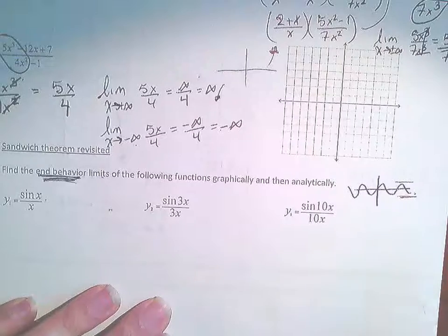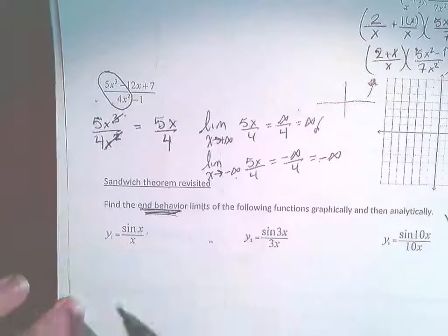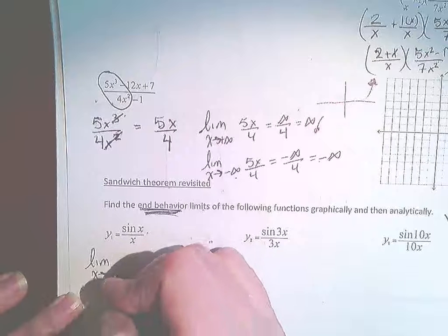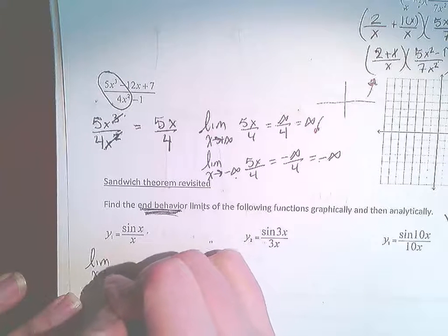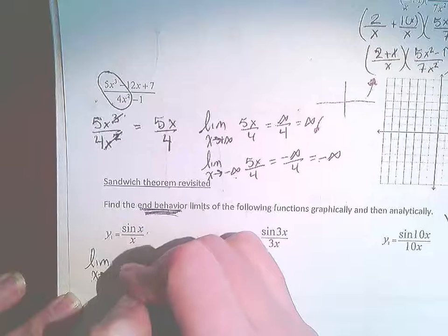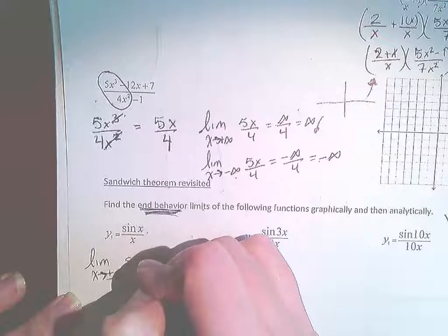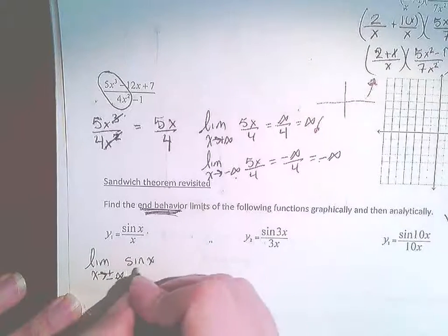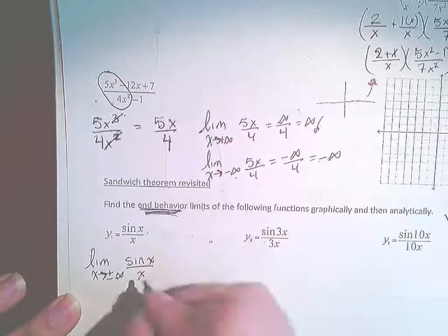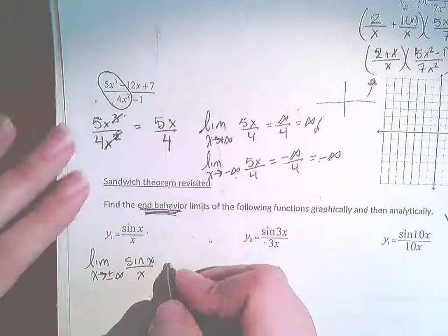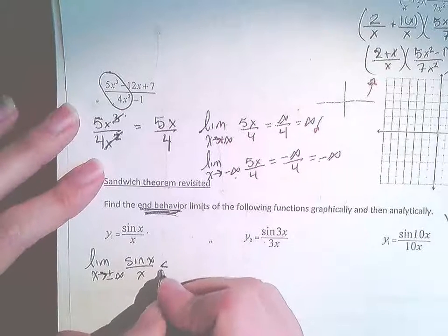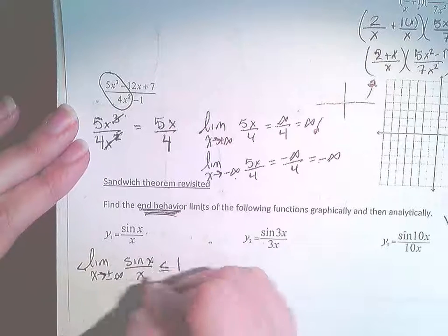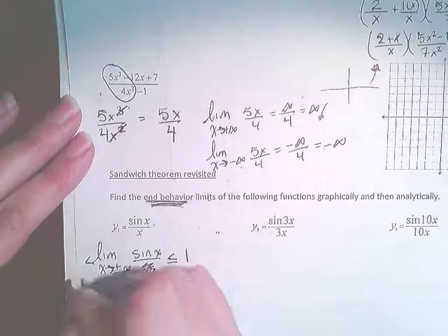Basically, I know that the limit as x approaches positive or negative infinity of any sine function, so sine of x, sine of 2x, sine of 3x, sine of 10x, over anything, over x, is going to be less than or equal to 1 and greater than or equal to -1, if we ignore the x for just a second.